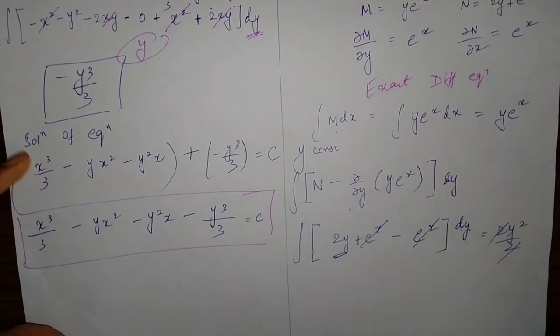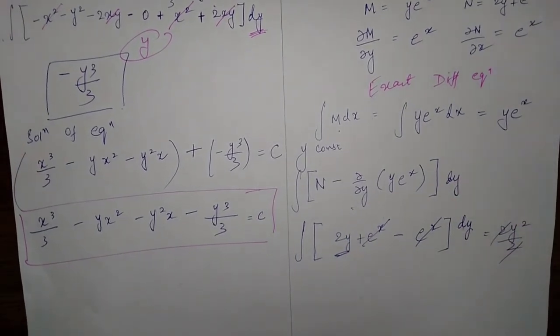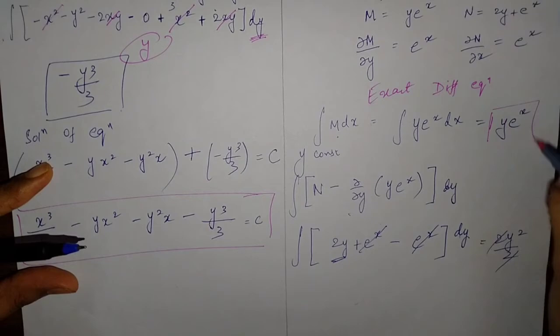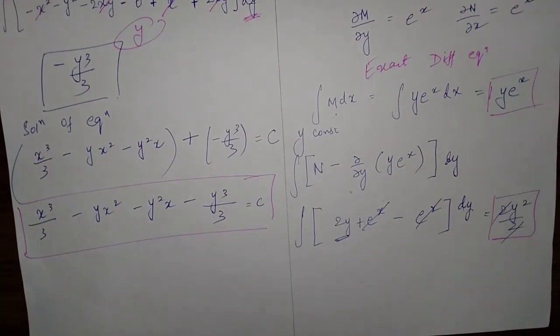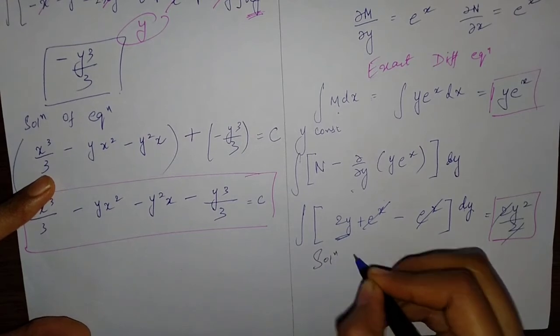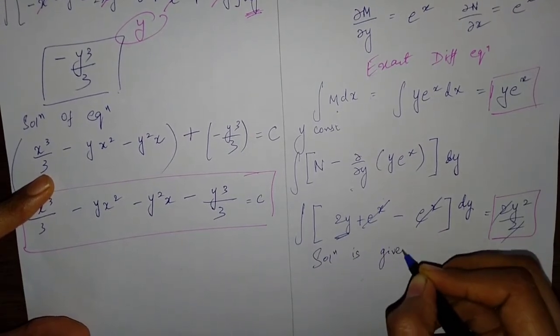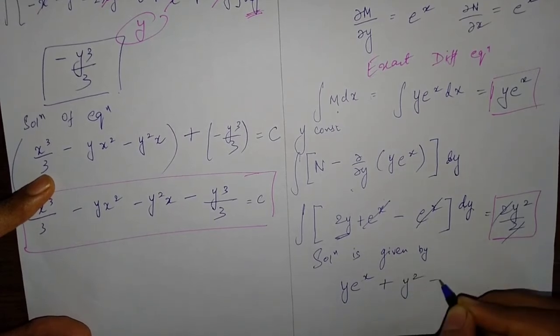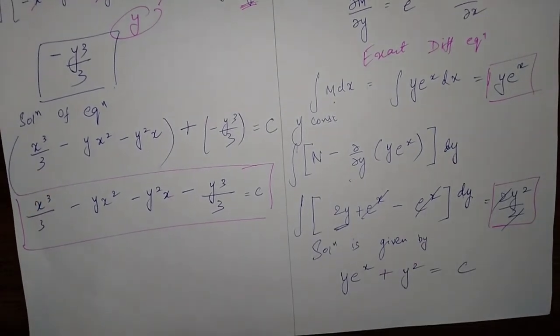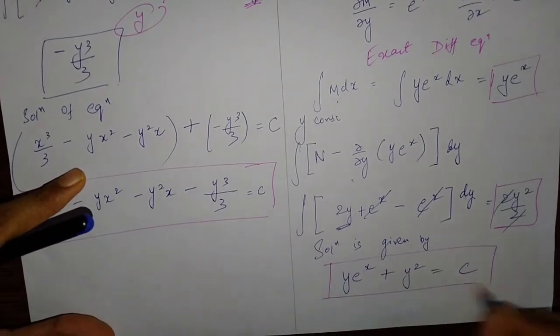So I got the answer of step number 2 as well as step number 3. Now I will add them and I will get the final answer. So the solution is given by y e raised to x plus y square equal to c. So this is the final answer of this question.